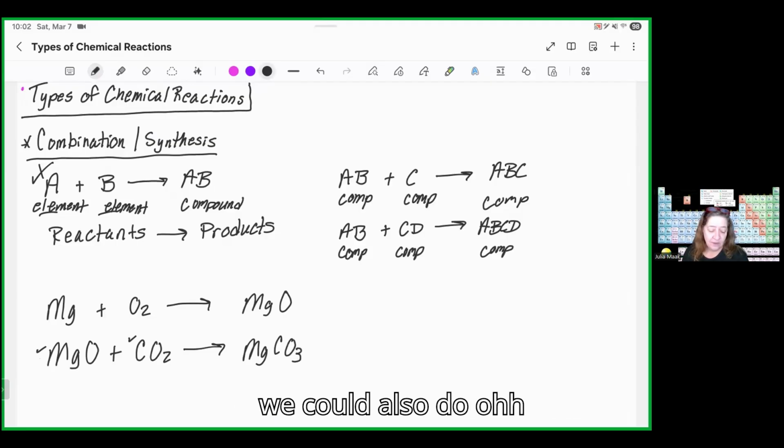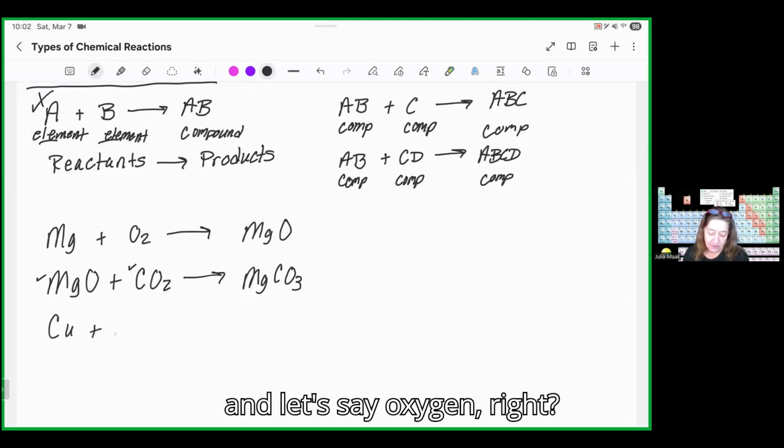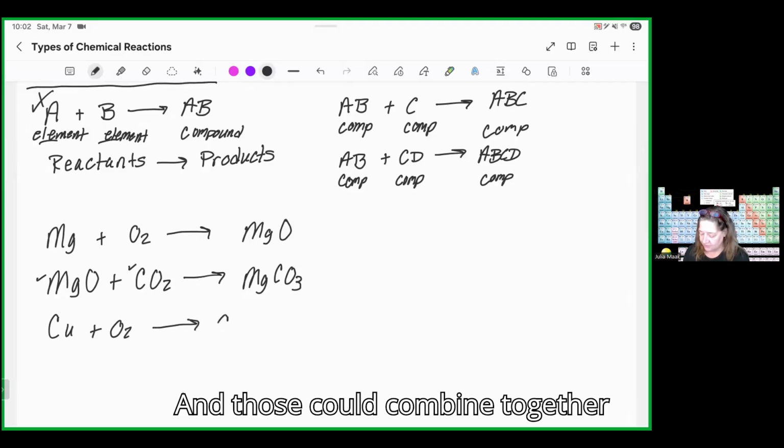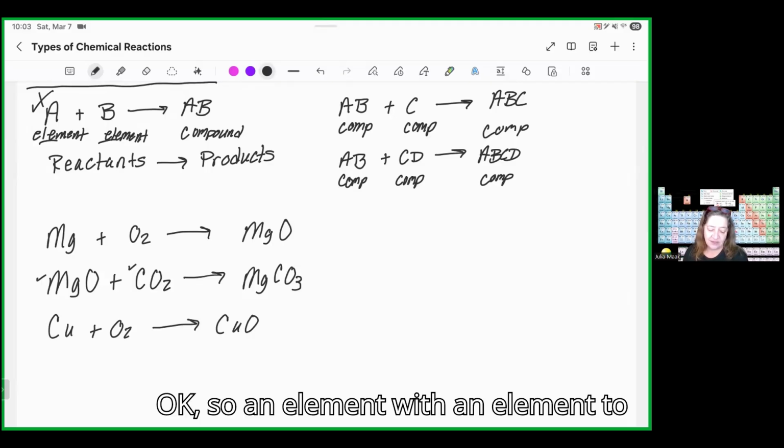We could also do copper and, let's say, oxygen, and those could combine together to make copper oxide. So an element with an element to make a compound.